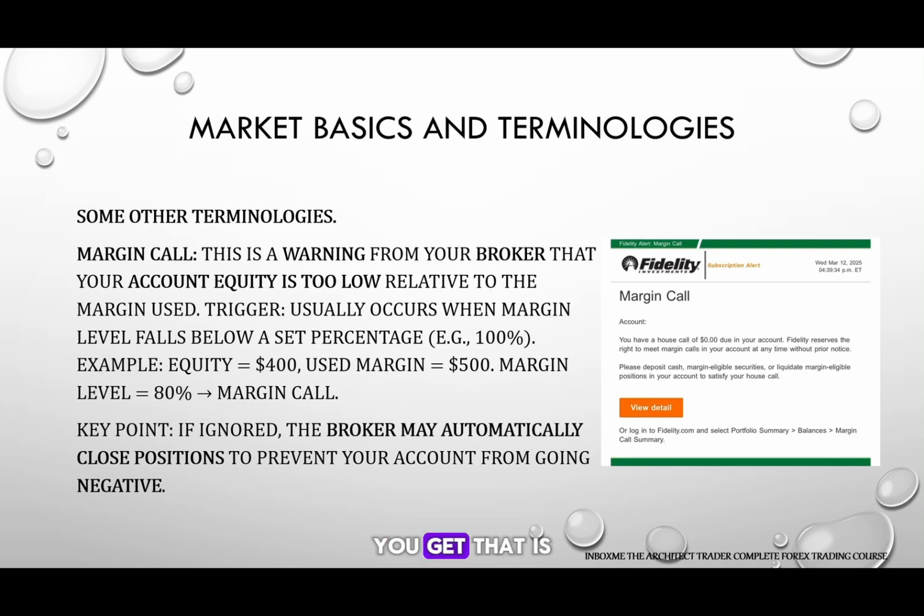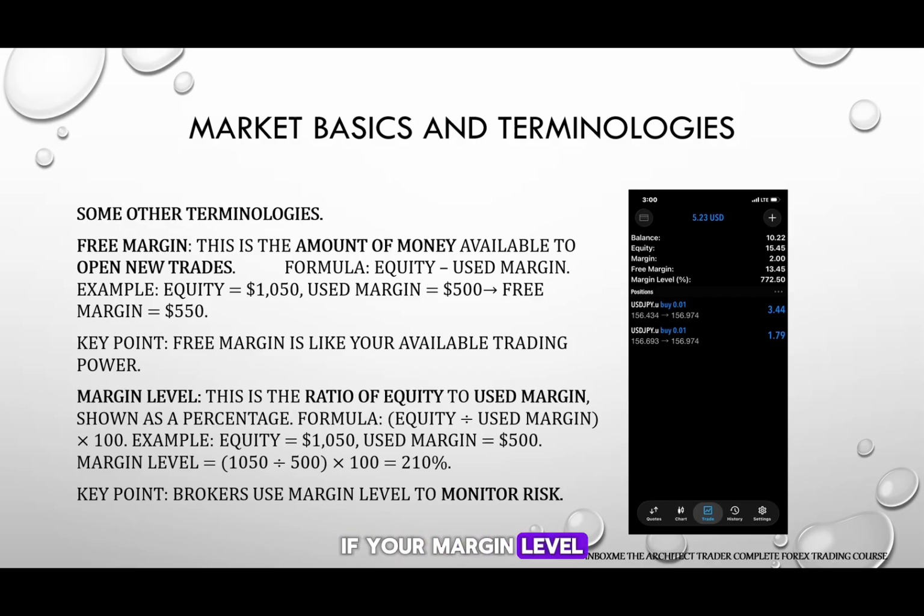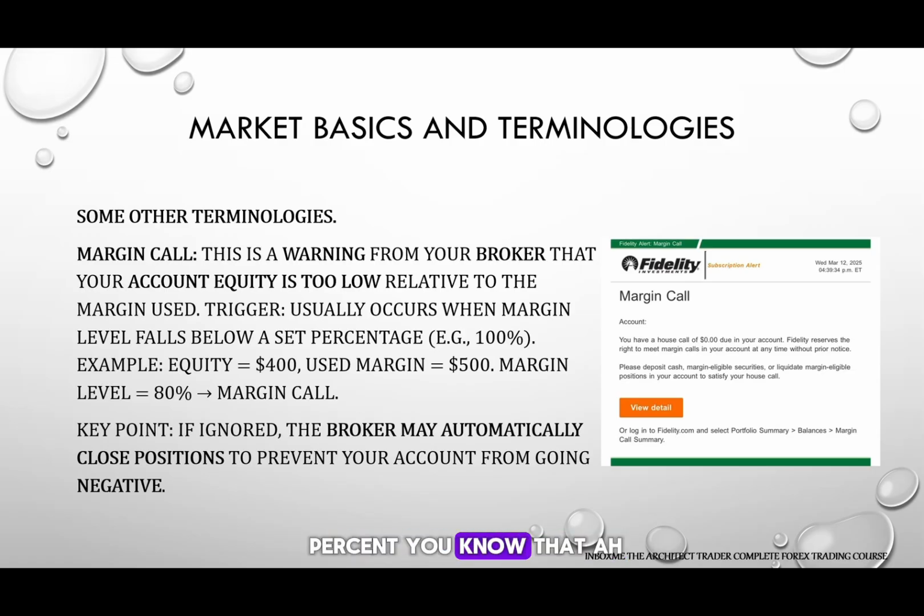It's either you close your position now or they close it for you. So it usually occurs when margin level falls below a set percentage. Like I said, brokers use margin level to monitor risk. So if your margin level falls below 100%, you know that you don't have power again.